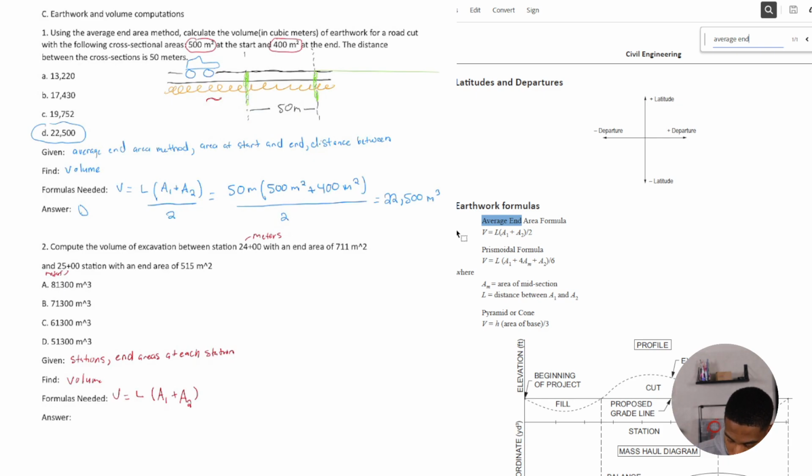Just keep in mind, this is the average volume. It's not going to be the exact volume, but it is the average volume. Okay, so I have 711 meters squared, this is going to be my A1, and 515 meters squared is going to be my A2.